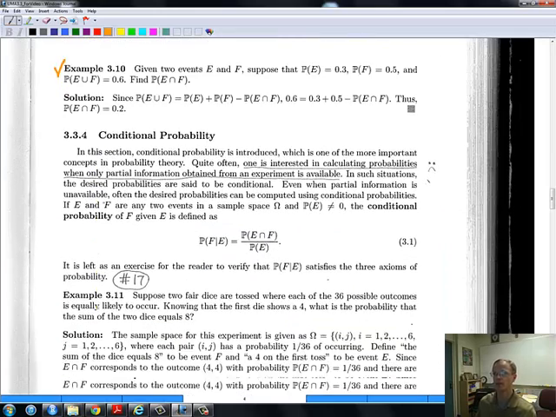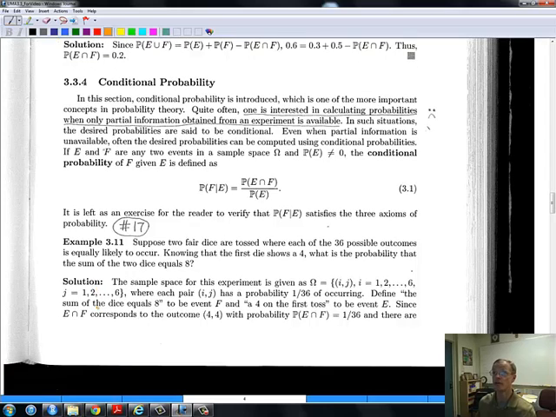Now with conditional probability, very interesting, very important. So I'd like to just sketch our diagram out here. He says quite often one is interested in calculating probabilities when only partial information obtained from an experiment is available.